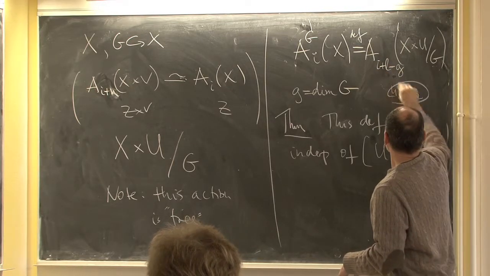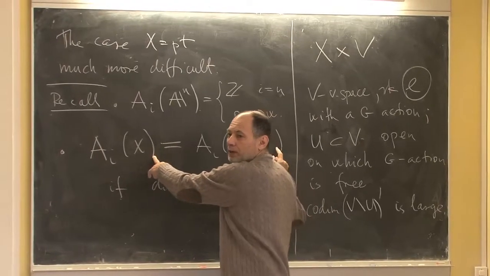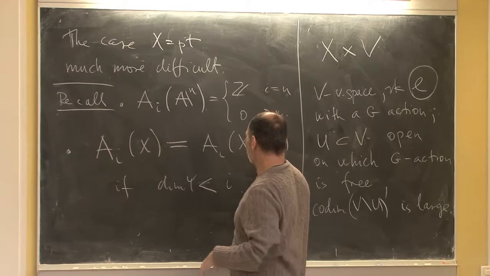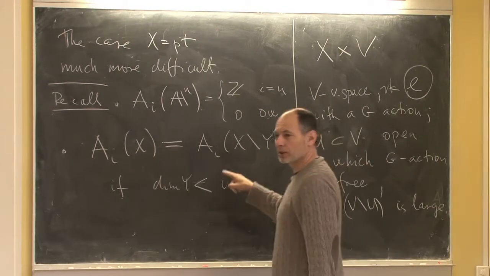Okay? So then Ui plus L minus G will not change if the dimension of, so I just didn't calculate it, but it's just some concrete number.